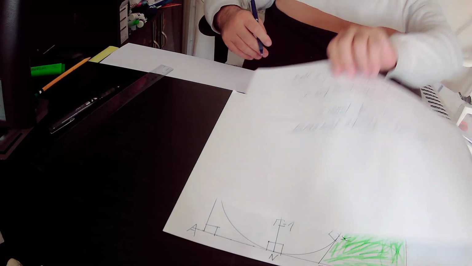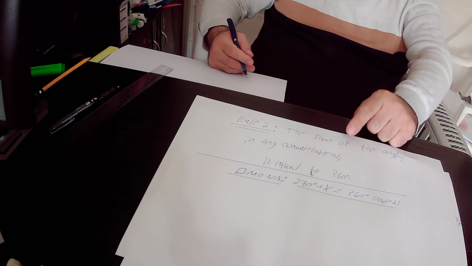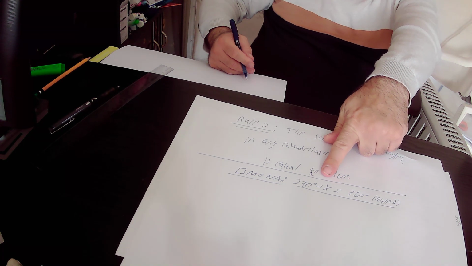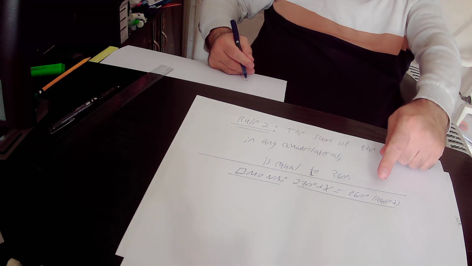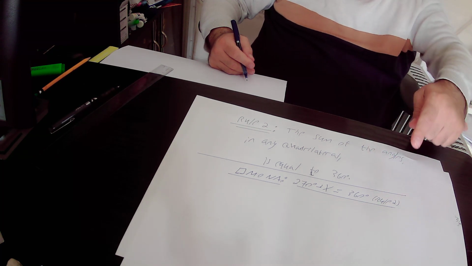I will repeat again. The sum of the three angles inside quadrilateral MONA is 270 degrees, plus the size of the fourth angle, angle X, according to our definition, must be equal to 360 degrees according to rule number 2.